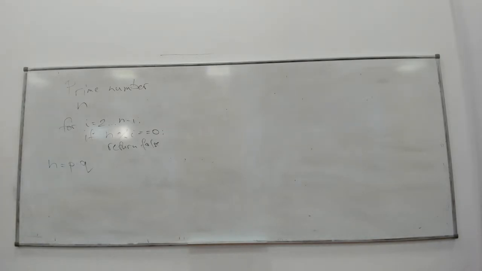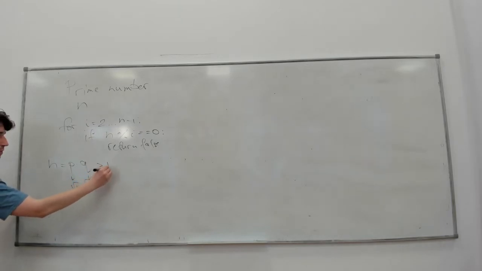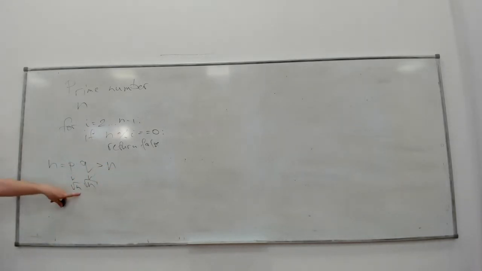The idea is that one of them is less than the square root of n. Because if this one is bigger than the square root of n and this one is also bigger than the square root of n, then the multiplication will be bigger than n. But you multiply this one by this one and you get n, so that is not what we want. Thus, one of them should be less than the square root of n.